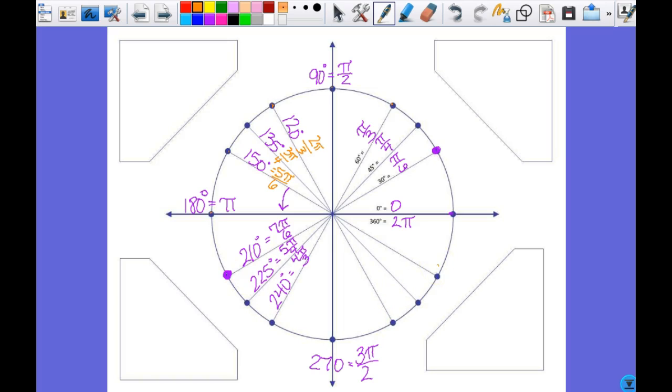So I want you to fill in these three with degrees and radians.